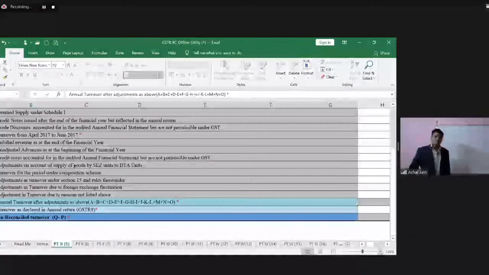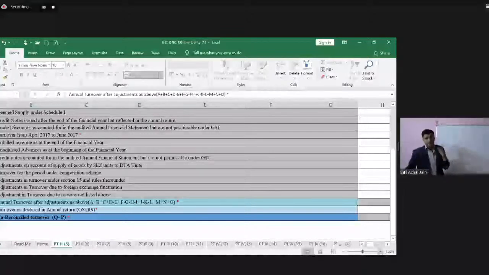Any of the adjustments which he believes are required to be made to reach the annual return of GST would all be made in these adjustments. Now, all of these adjustments would also have been reported by the management.